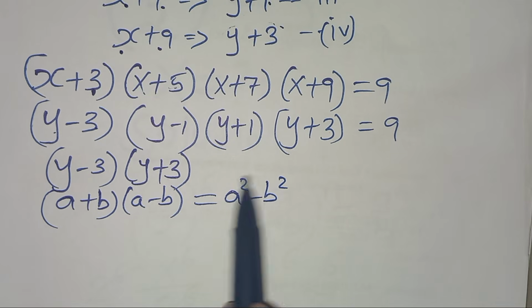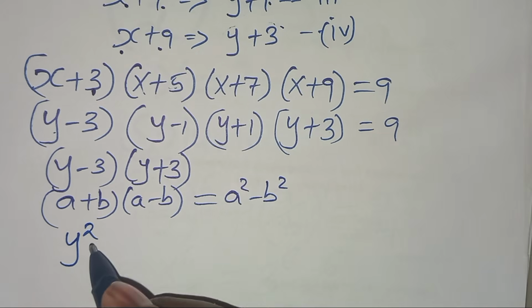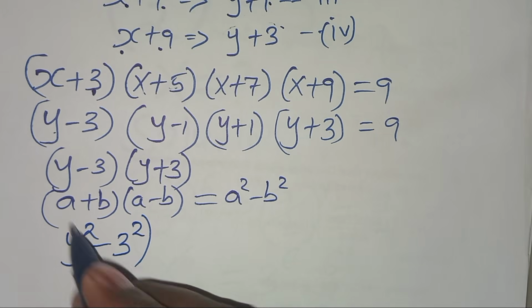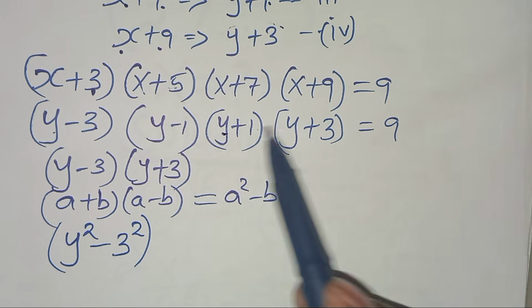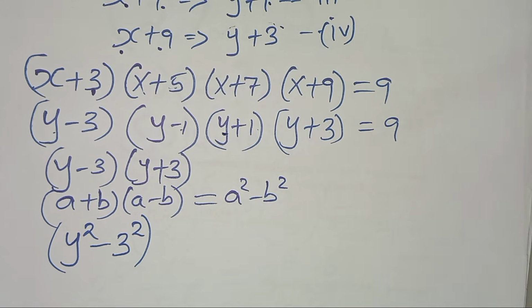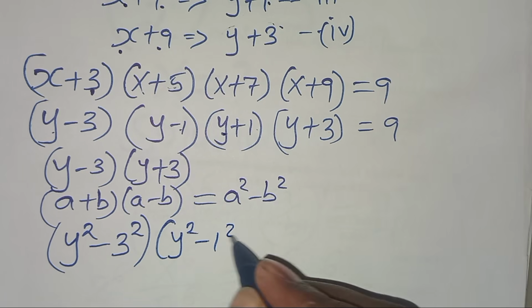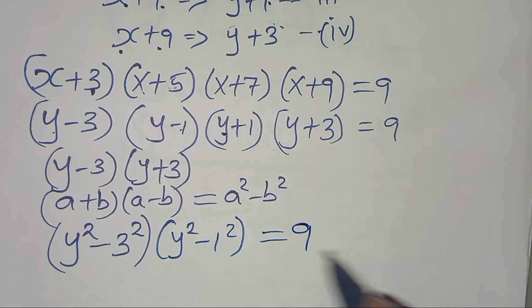Applying this property, we'll have y squared subtract 3 squared. We also have y plus 1 and y minus 1, so we can apply the difference of two squares again, giving y squared subtract 1 squared. This is equal to 9.